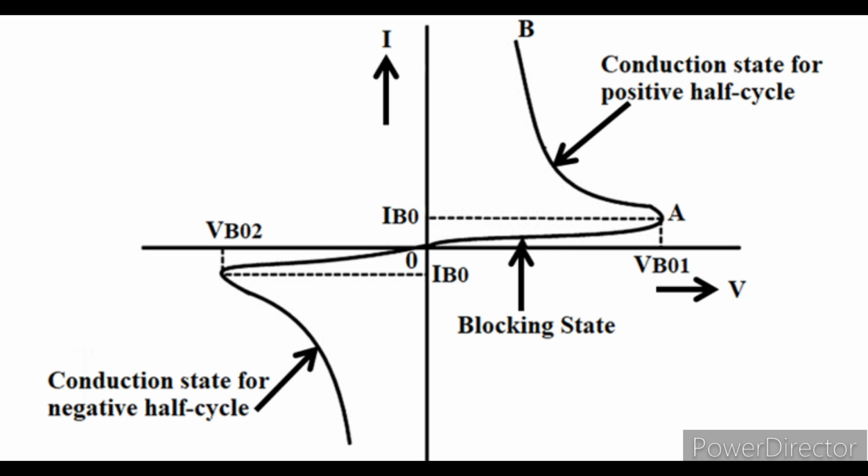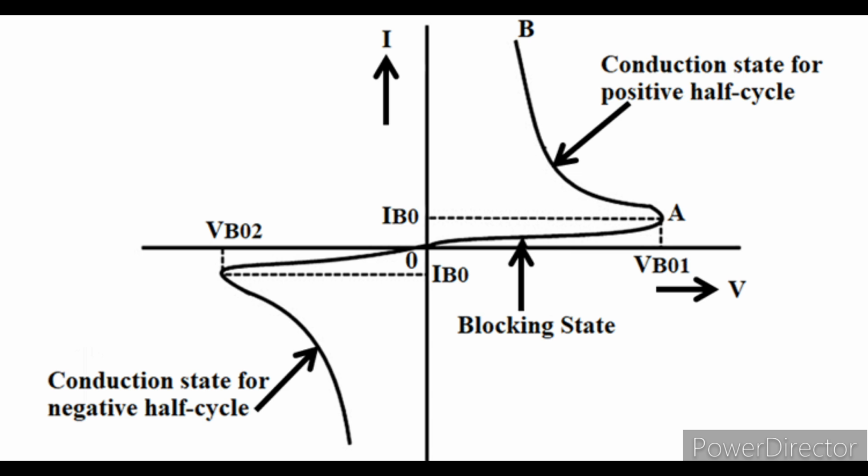Because of this asymmetry, switching of the triac does not happen exactly at the same points for both positive and negative half cycles. Because of this, unwanted harmonics are introduced. And also the current received by the load in the two half cycles is different. So in order to avoid this asymmetrical switching, triac is always used along with the DIAC.